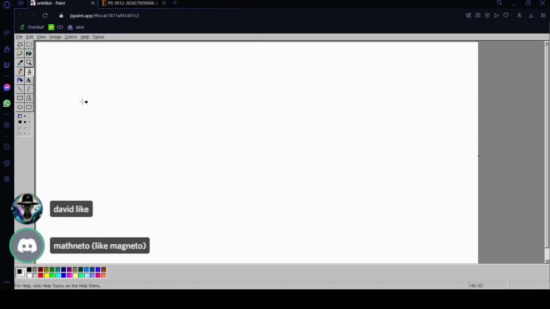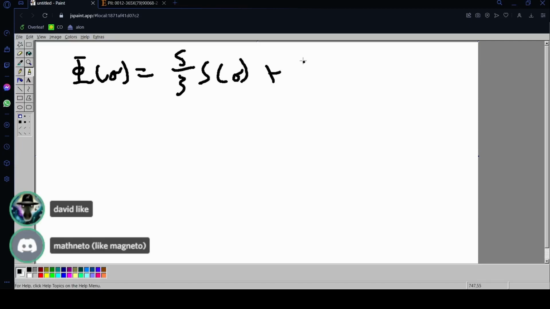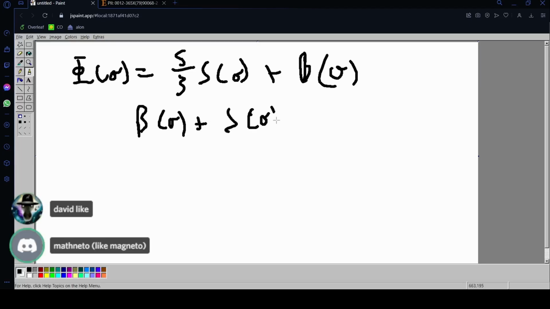So recall that big phi of sigma is just equal to 5/3 the number of singletons in sigma plus the number of big blocks in sigma.